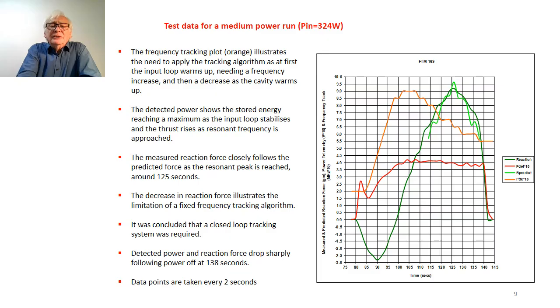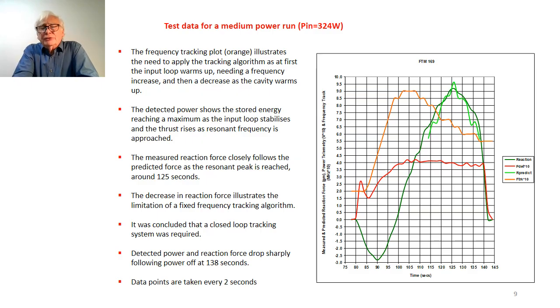You have a period when it's a constant frequency, and then as the cavity itself starts to warm up, the axial length starts to increase and the resonant frequency starts to come down. You can see the stepped decrease in the frequency from about halfway through the test run.